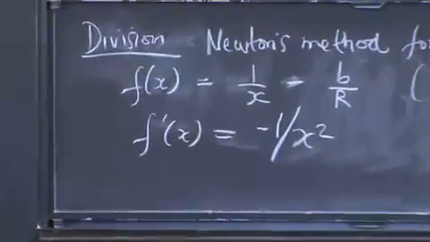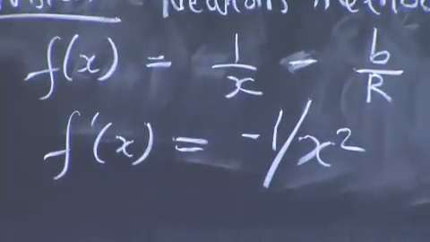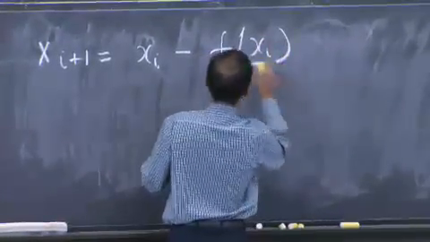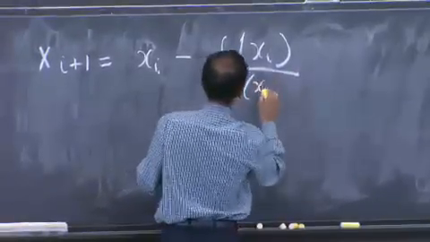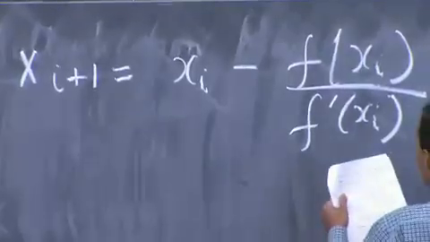And we needed the derivative to compute that. Bottom line, you have x_{i+1} equals x_i minus f(x_i) divided by f prime of x_i. Right? So that's the Newton iteration.